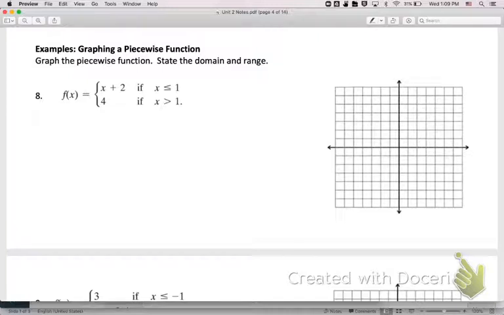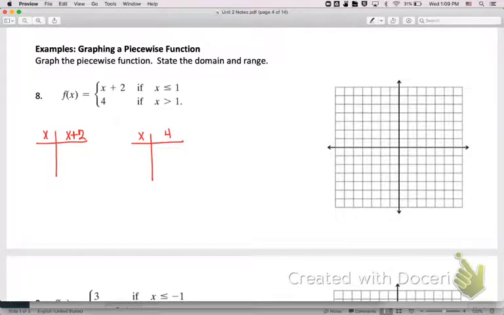But this way is always going to work, and I think this organizational strategy will help you out with this a lot. So I have 2 pieces, which means I'm going to need 2 tables. I'm going to have x, and I'm going to have x plus 2. That's the first piece of this piecewise function. And then I have x, and I have 4, which is the second piece of this piecewise function.